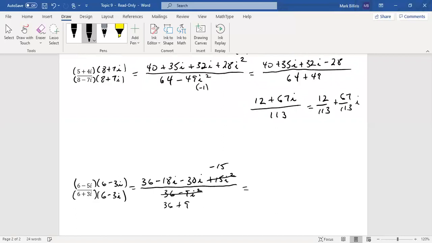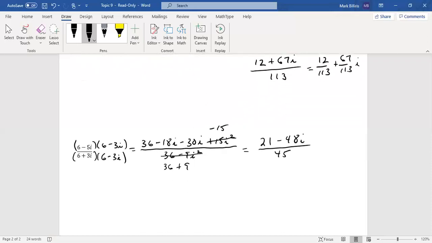So now, combine like terms. 36 minus 15 is 21. Negative 18i minus 30i is negative 48i. 36 plus 9 is 45. I need to write it in standard form. So I have 21 over 45 minus 48 over 45 i.